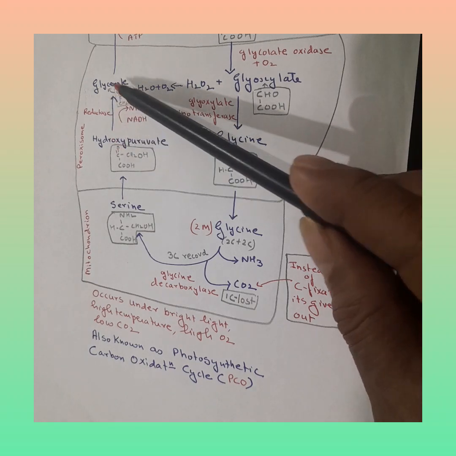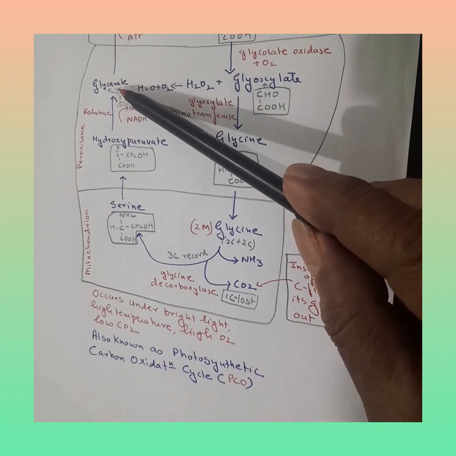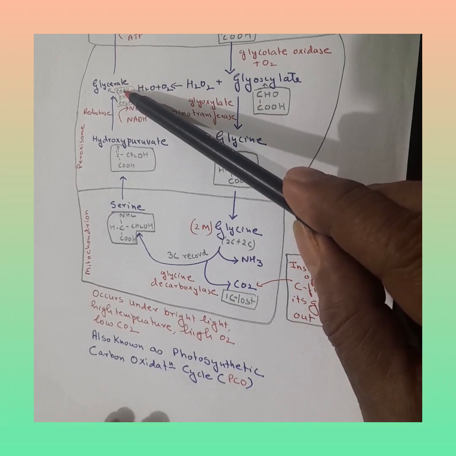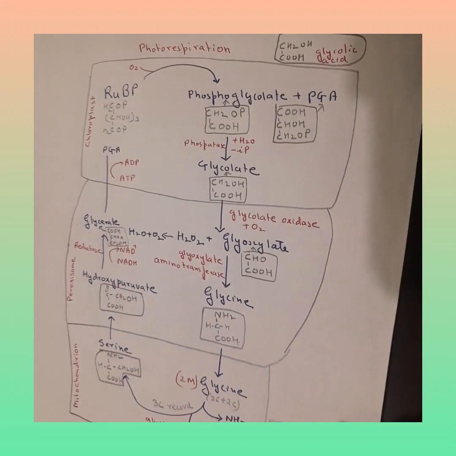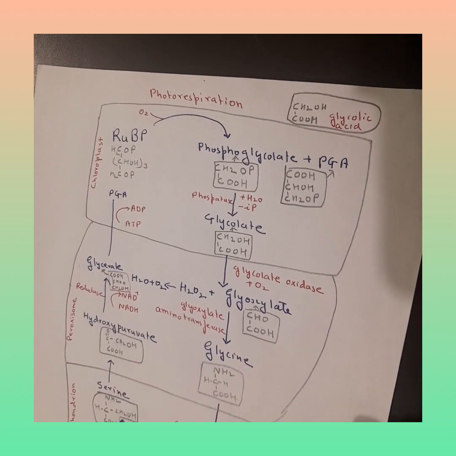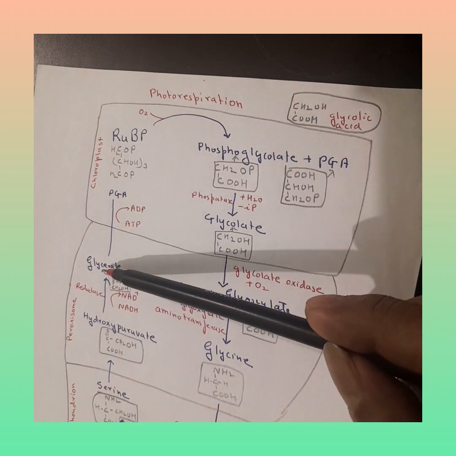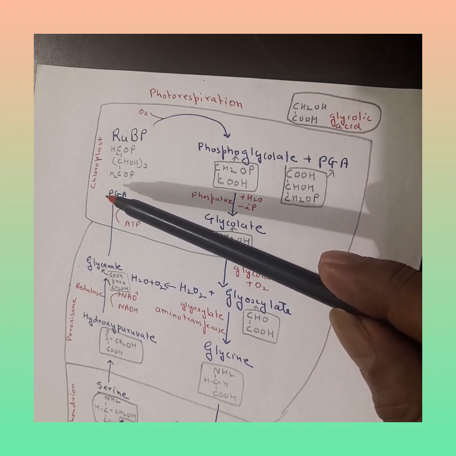This is what we call glycerate. Once it forms glycerate, it has to quit the peroxisome and get into the chloroplast again.